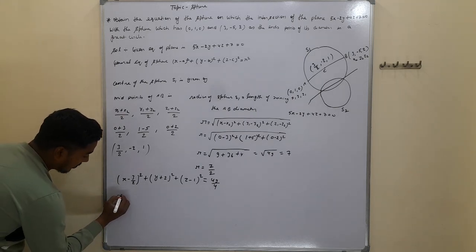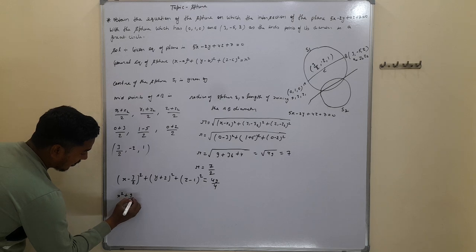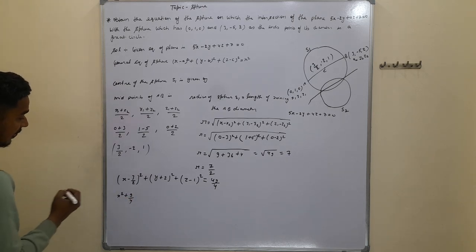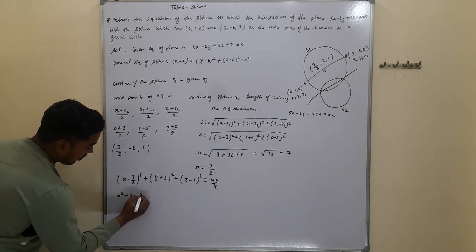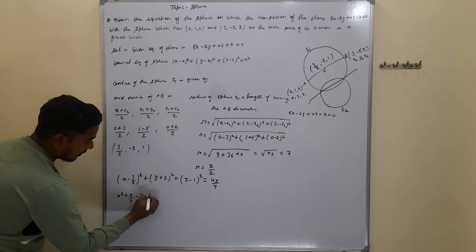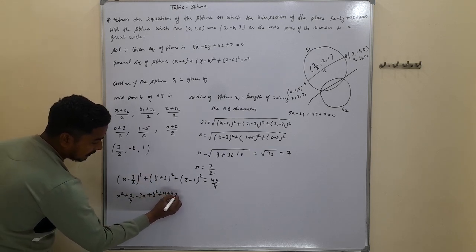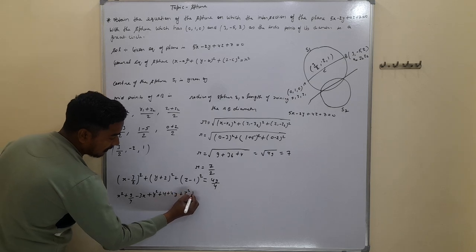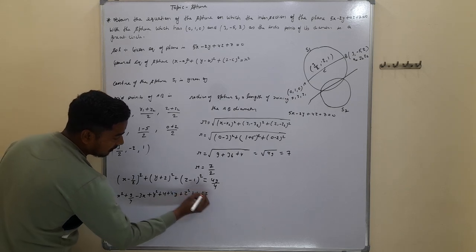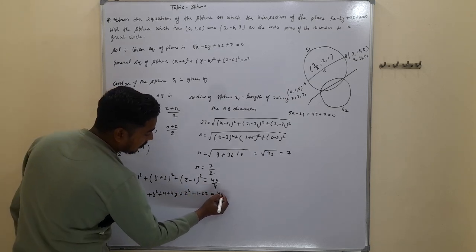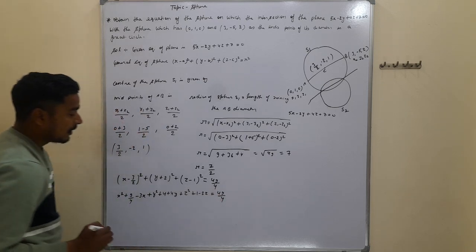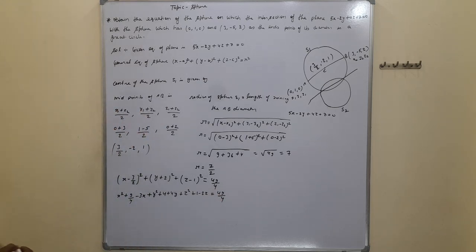We get x square plus 9/4 minus 3x, and y square plus 4 plus 4y, and z square plus 1 minus 2z is equal to 49/4. We have to simplify the equation of the sphere.